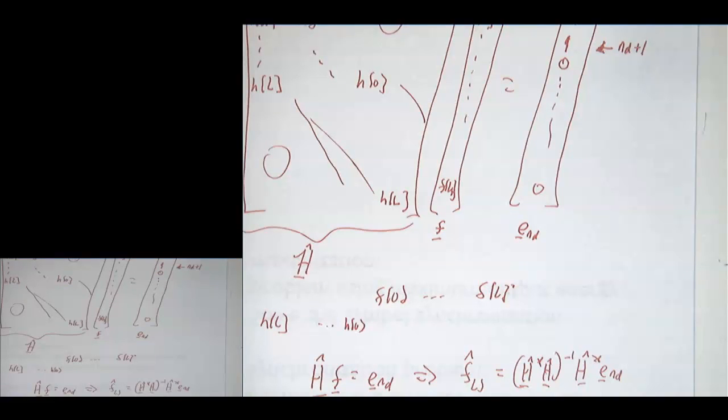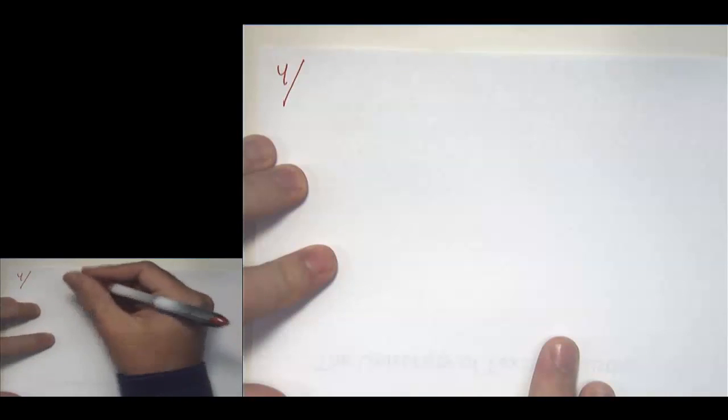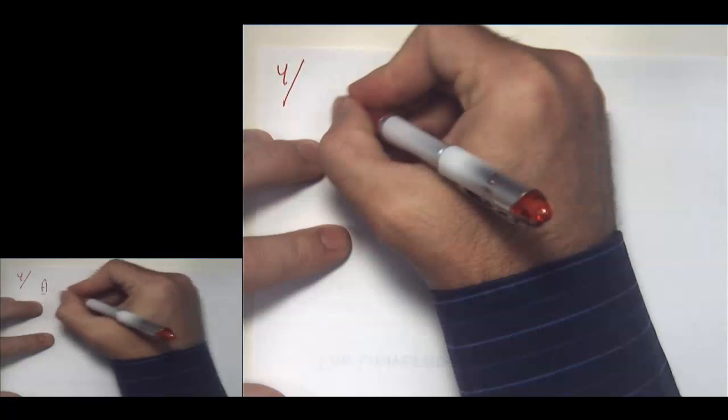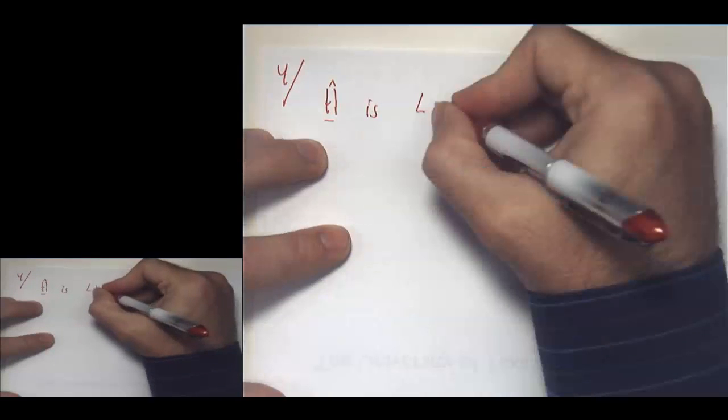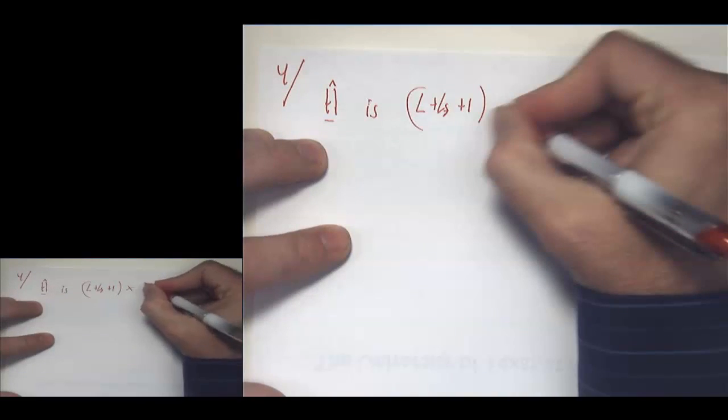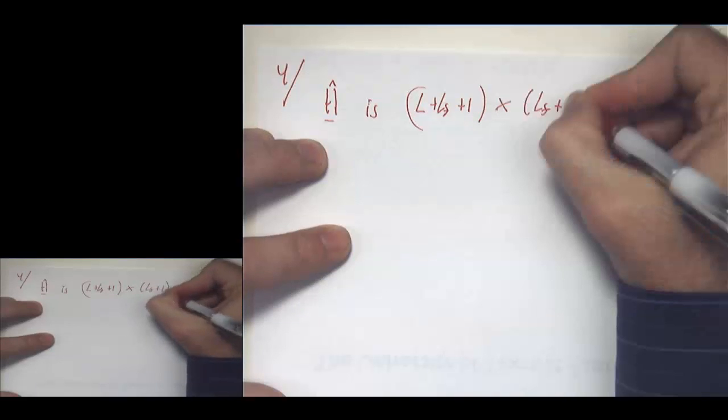Couple things here. Let me just talk about the rank and the ND optimization here. First of all, the dimensions of this h. So h hat is L plus LF plus 1 by LF plus 1.